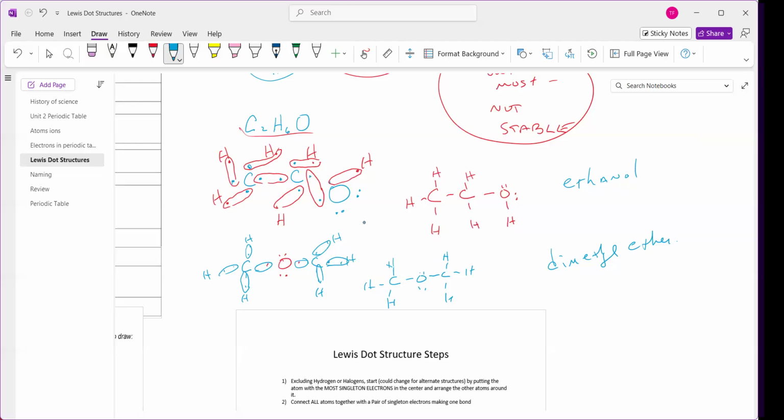Now, on the test, I may say, give me two alternate structures for this that are legal. The structures have to be different. Just because I've turned it doesn't mean it's a different structure. When I say different structures, the connections have to be different.